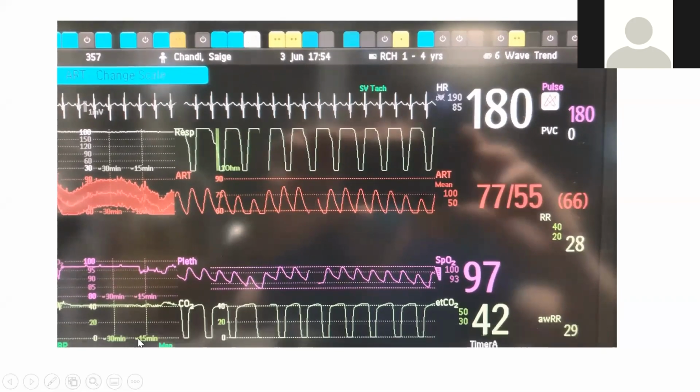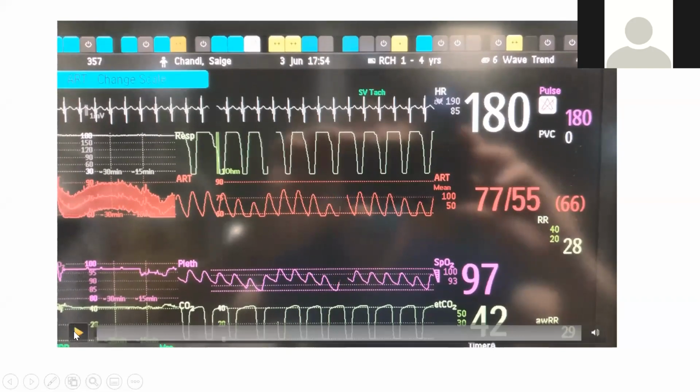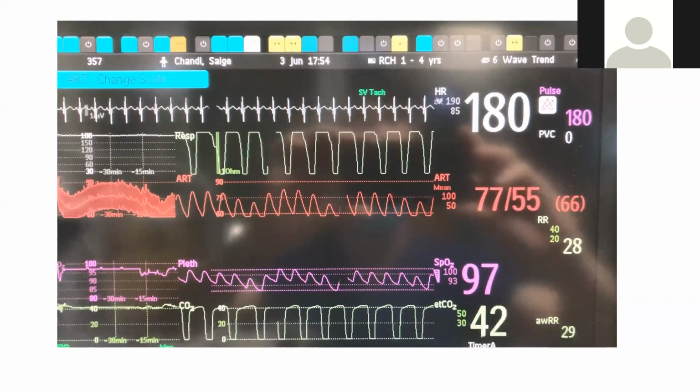Normally you won't see this, but can anyone tell me what it tells you? If you see this in a child when looking at the oxygen saturation trace, what does it tell you? Probably an indication of when the child exhales and inhales. Yes, exactly right.